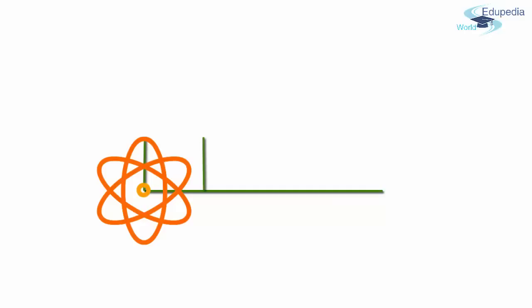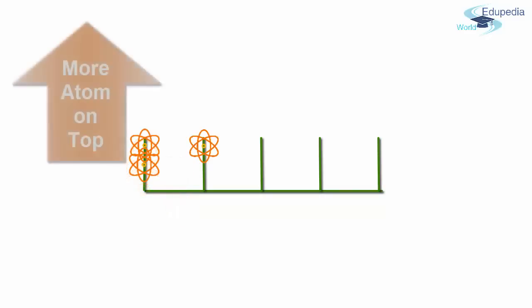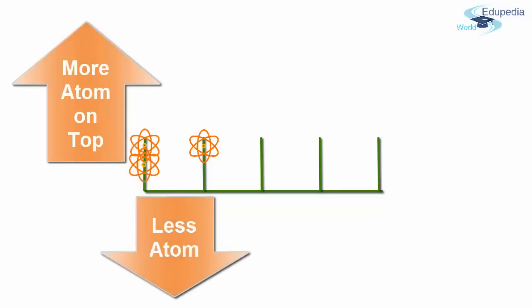Suppose we have something like this. There is an extra plane of atoms on the top, and the plane is missing downwards. As we will see in the next slide, that is how an edge dislocation is formed. So what will happen is there will be more atoms at the top and vacant places, an absence of atoms, at the bottom, right?